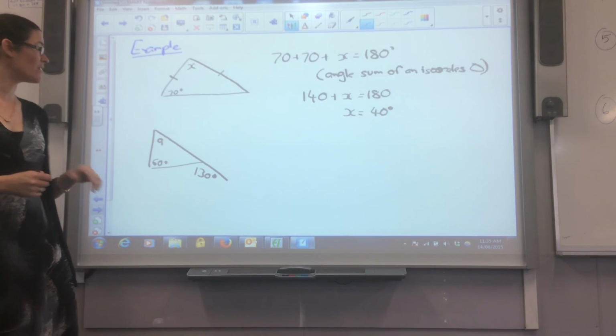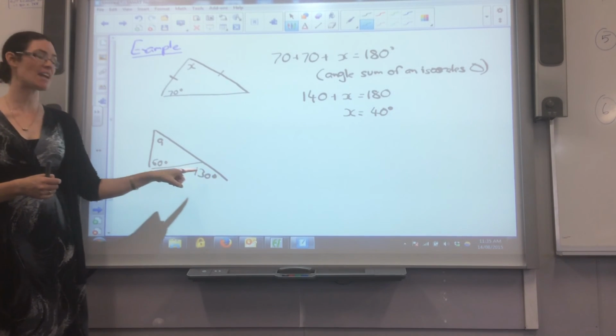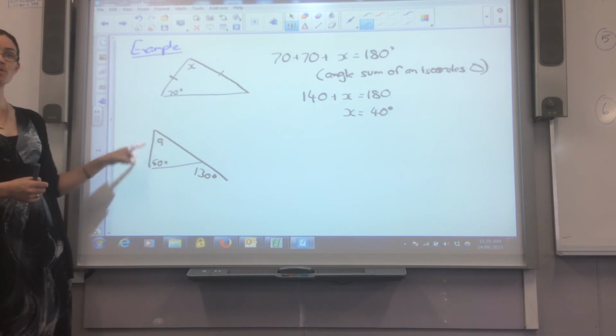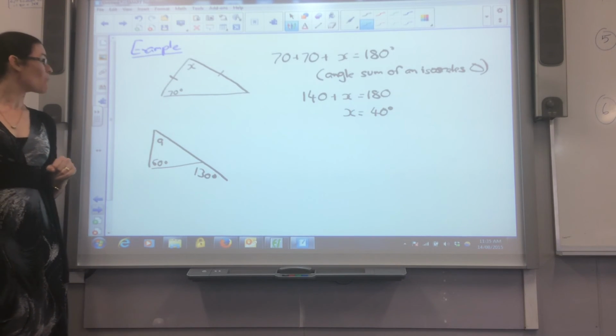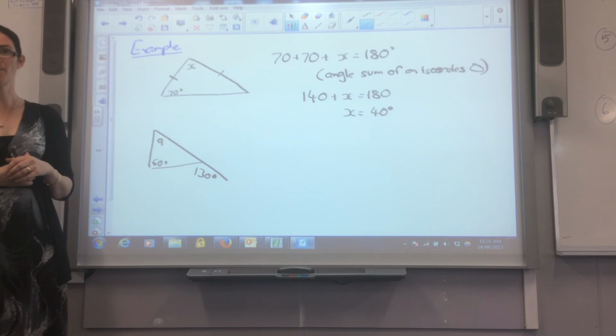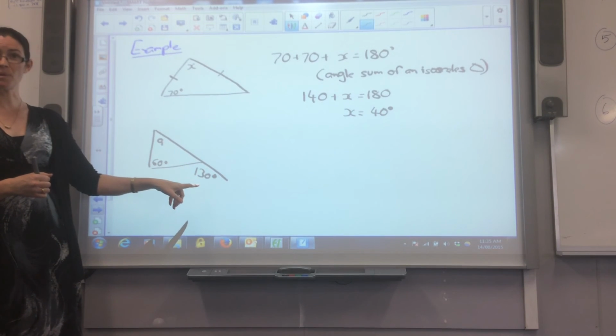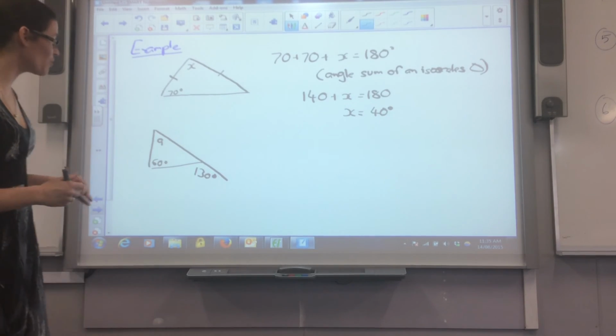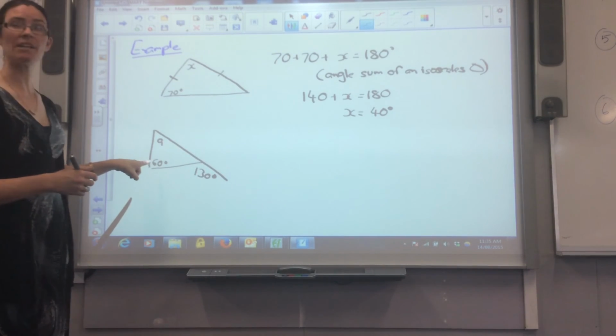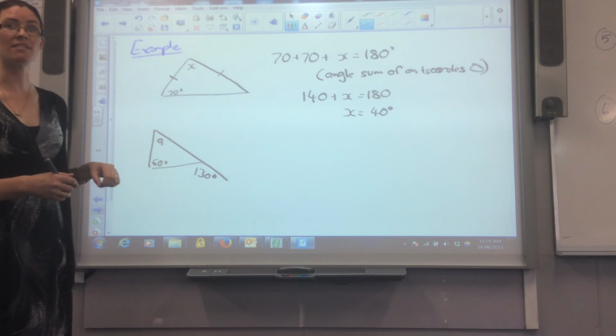Exterior angle. Okay, so using the fact that the exterior angle is the sum of the two interior angles, I can do it much quicker. 130 take away 60 equals A. Okay, because I know that they have to add up to give this one. So what you said is correct, absolutely, but 130 take away 60 gives us the answer.